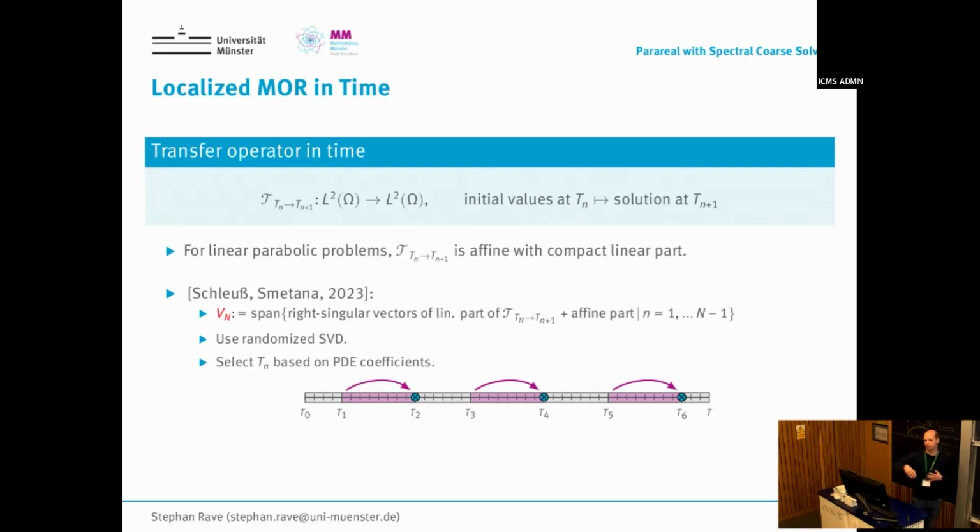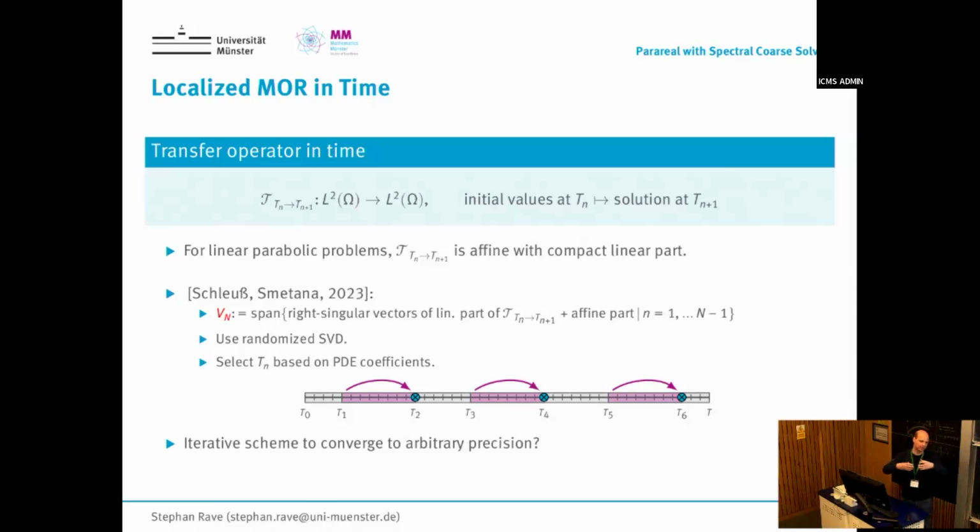And what remains, they put in the global reduced space and then project onto this reduced space. And then there are some heuristics to select these points in time based on the data in the equation. But this gives us one fixed reduced space for all times.